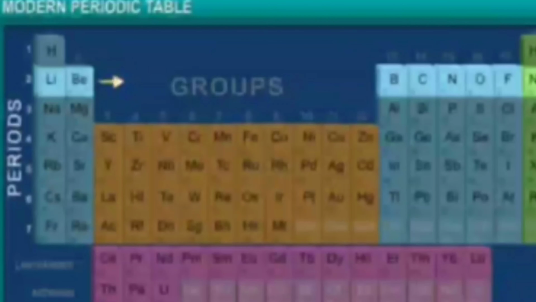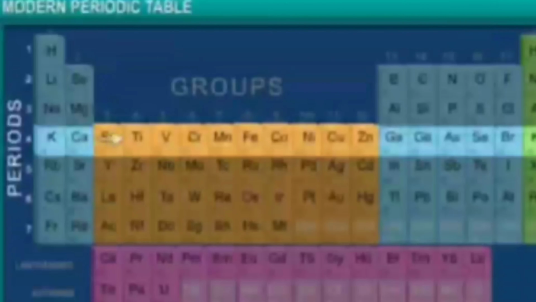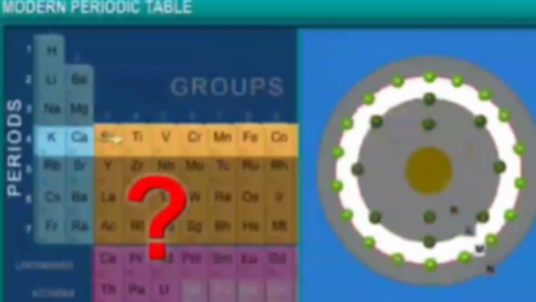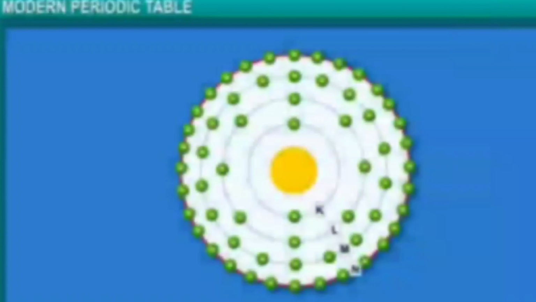Like in the first, second, third period, the number of shells goes on increasing. So the period is denoted by the number of shells.